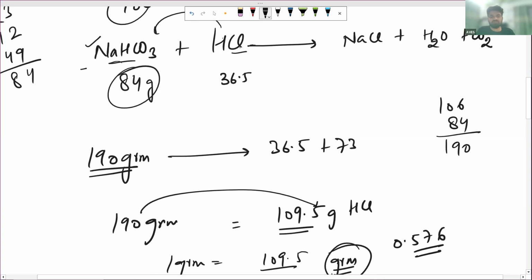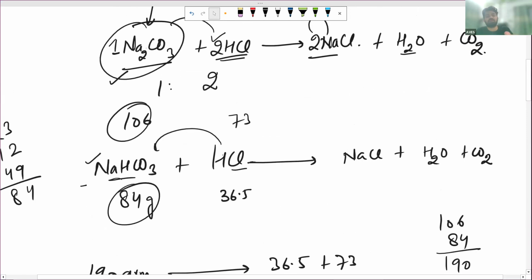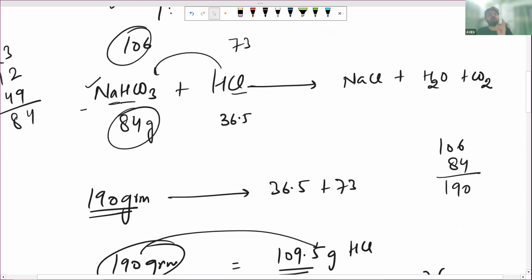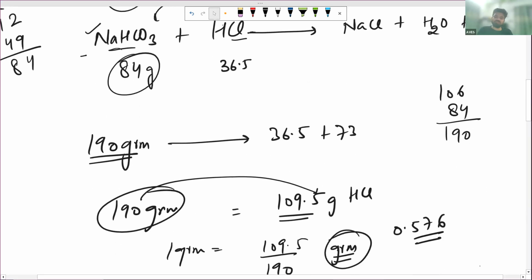Means for every 190 grams of the mixture of sodium hydrogen carbonate and sodium carbonate, how many grams of HCl do we require? Tell me fast. 109.5 grams of HCl. You understood? Yes or no?